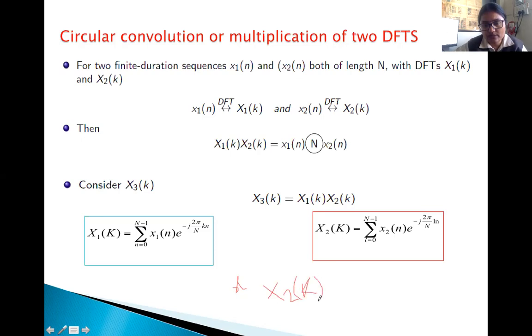This is my second sequence, which is equal to summation. Now we have taken the variable L, because the n variable was considered for the first sequence itself.